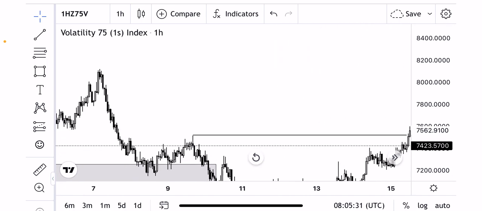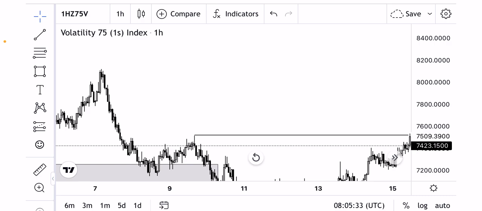Now, if you check this entry confirmation on 5 minutes, 15 minutes, I'm not really going to go into that, guys. If you check this on 5 minutes and 15 minutes, you will see it happen over and over again. I'm just using this 1 hour time frame to show you guys some things.